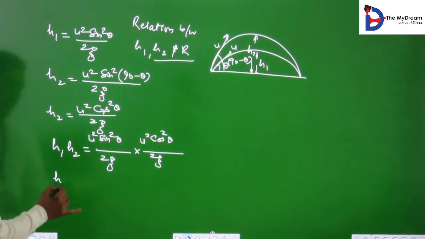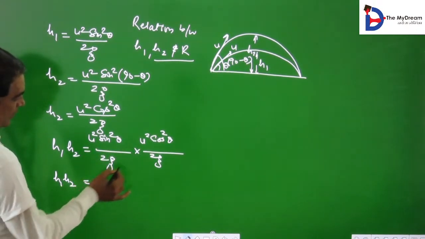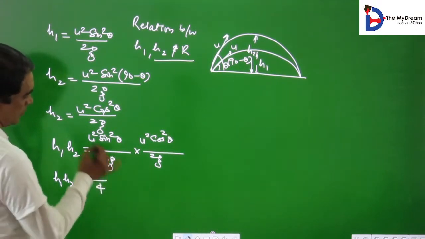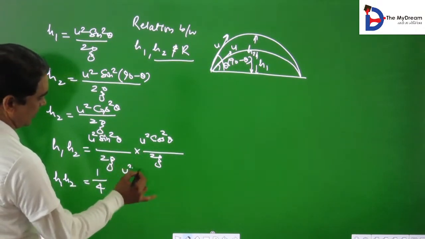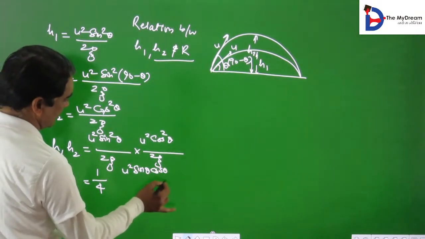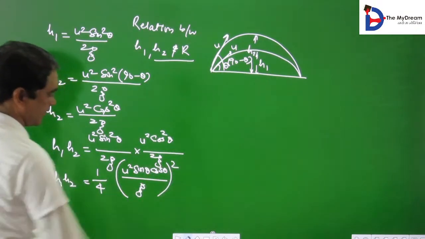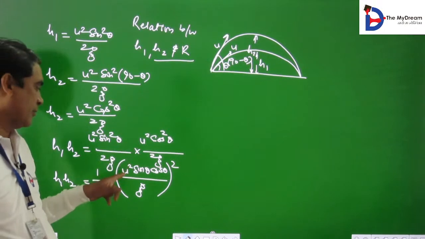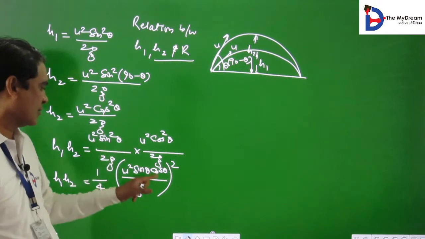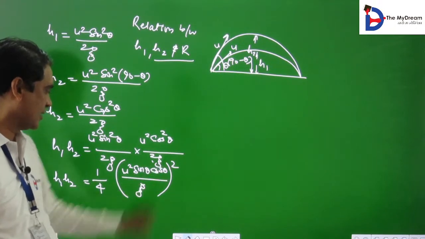It can be written like this also, h1 into h2, that is u square into u square sin theta cos theta divided by g, and you can make the square over it. u square into u square will become u raised to power 4 sin square theta cos square theta divided by g square.